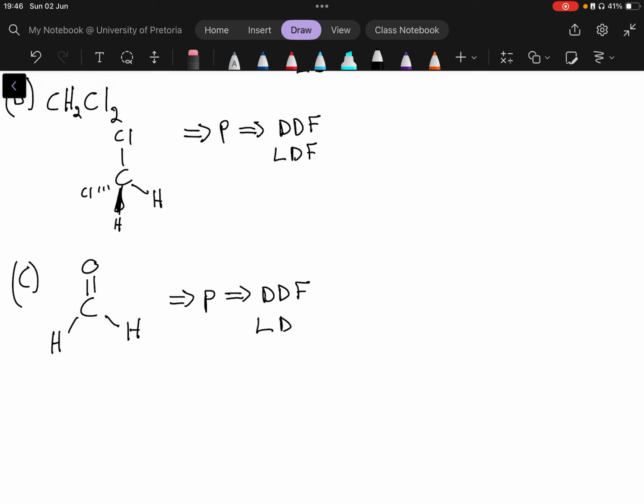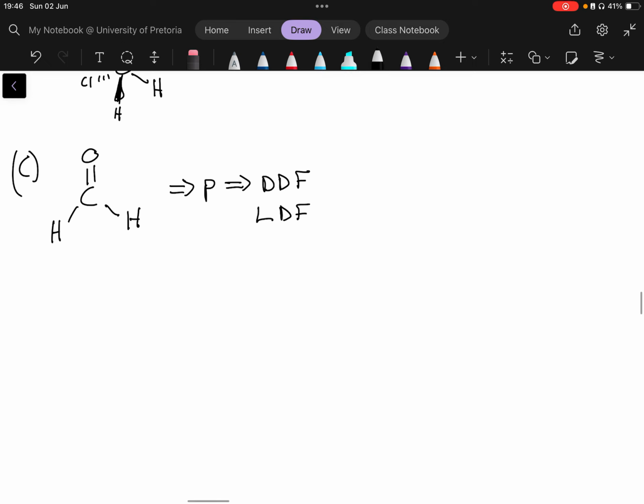There's always London dispersion forces present in something. There are H and O present here, but it's not an OH bond that can be polarized. It's a CH and there's an O. So there's no hydrogen bonding, there's no ions, and there's no mixture. So those are the only things that are present.